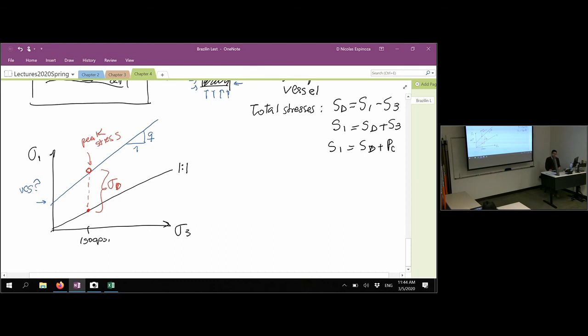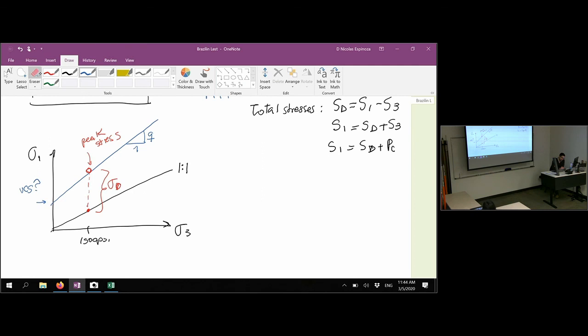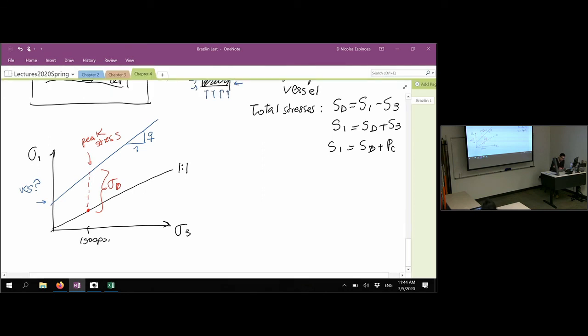And it's just a geometrical problem. You have a straight line, you know its slope, you know that it passes through this point over here, so you should be able to tell me what that UCS is. You can do it. This is just an equation, so you can solve for the unknown value if you know the other values. Let me just improve this plot a little bit.